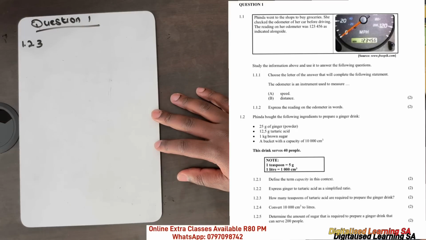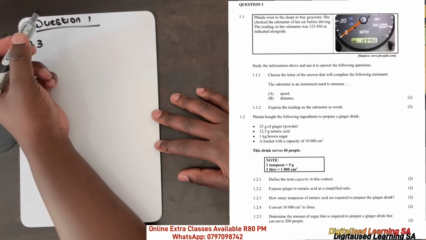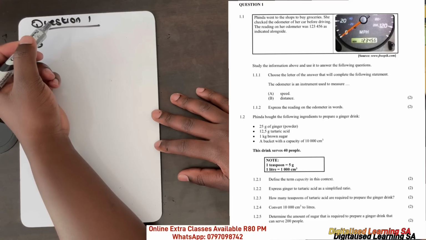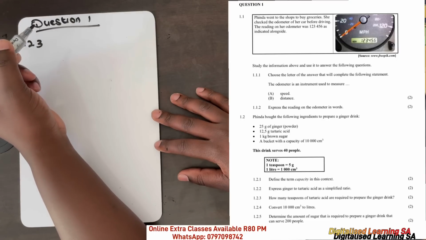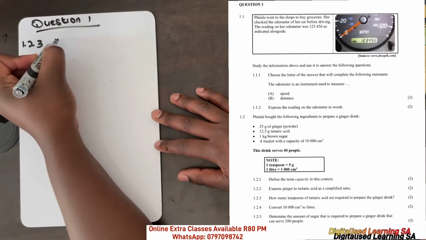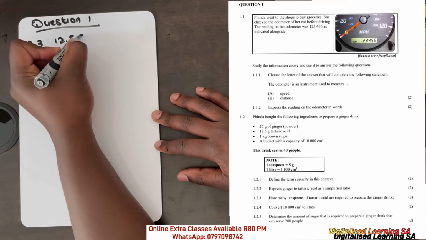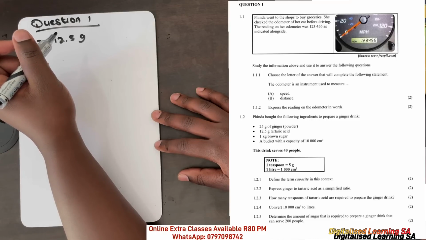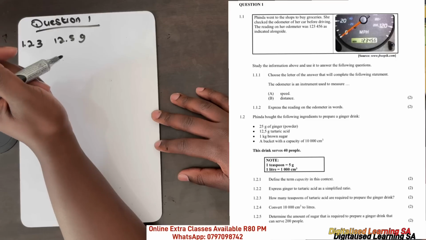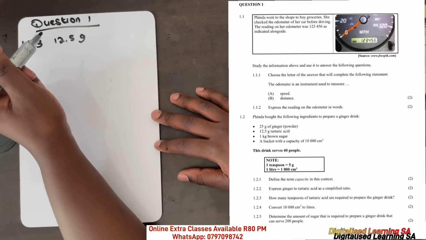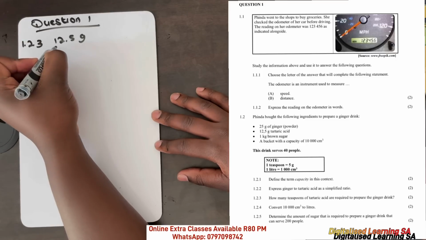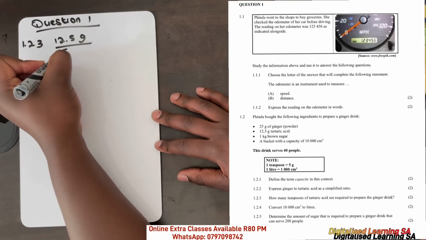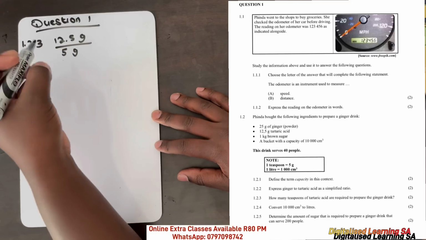Not ginger, tartaric. So the question says, how many teaspoons of tartaric acid? We know that to prepare the drink, we need 12.5 grams of tartaric acid. We know that 1 teaspoon is equal to 5 grams, meaning that to find the number of teaspoons, we just divide by 5 grams.